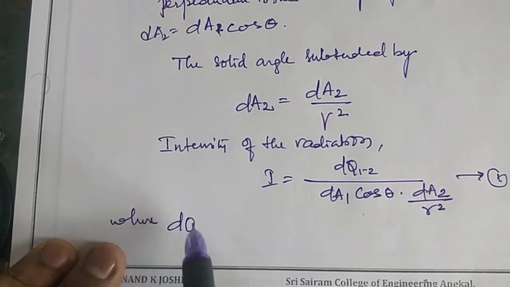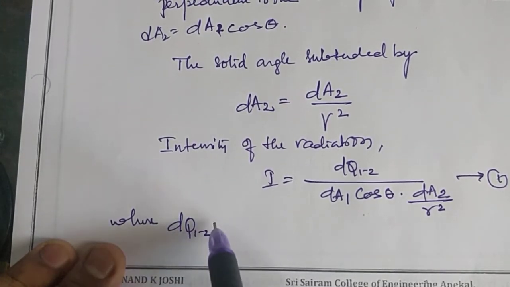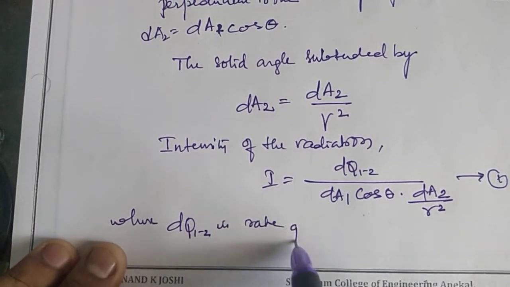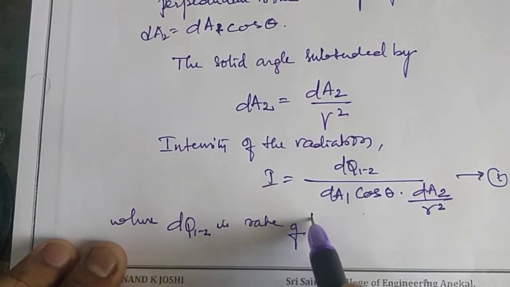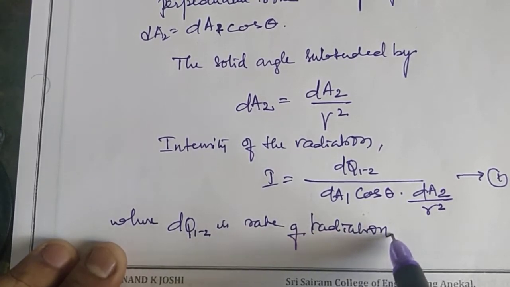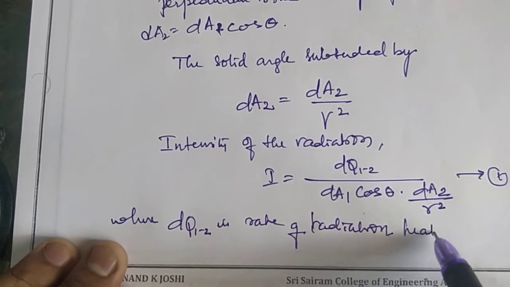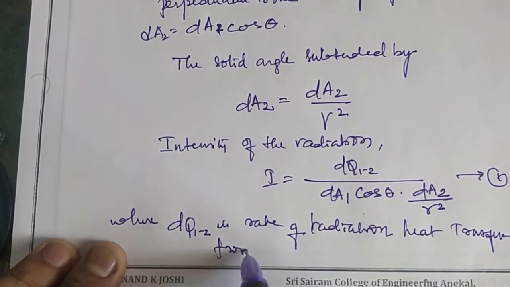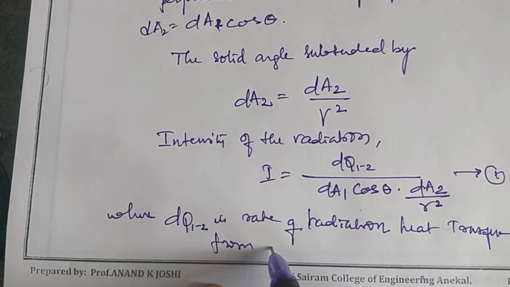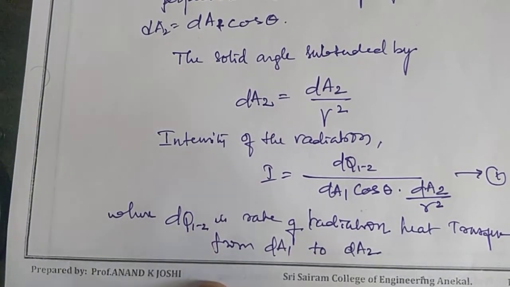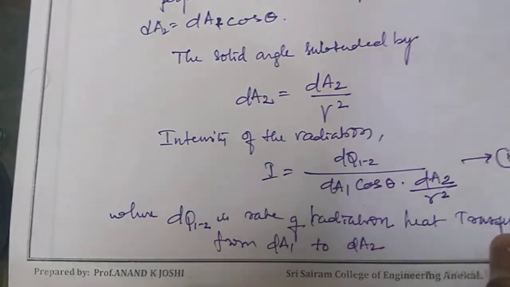Where dq1 to 2 is nothing but the rate of radiation heat transfer from dA1 to dA2.